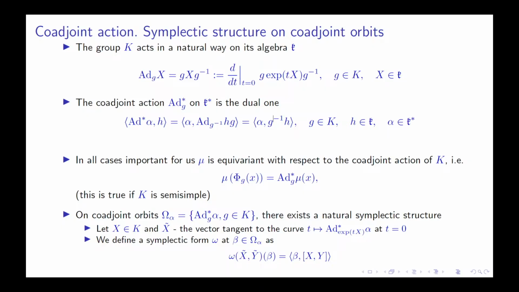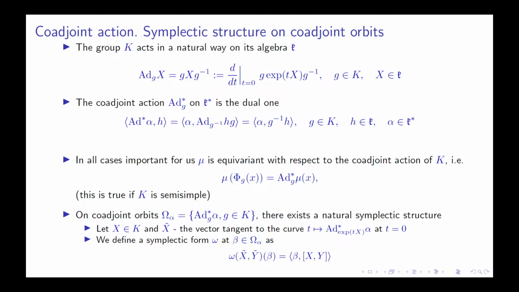What is interesting is that on orbits of such an action, this adjoint or co-adjoint action, there exists a natural symplectic structure. And this symplectic structure is described here.